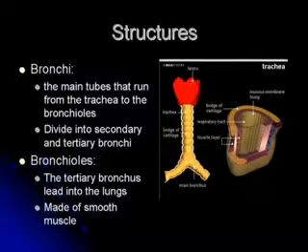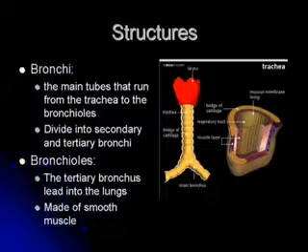Now, bronchus is the singular. The trachea leads to the bronchus, one of two. Plural, they're called bronchi. And these are the main tubes that run from the trachea into the bronchioles. Since it branches off into two bronchi, each one goes into either your right or your left lung.